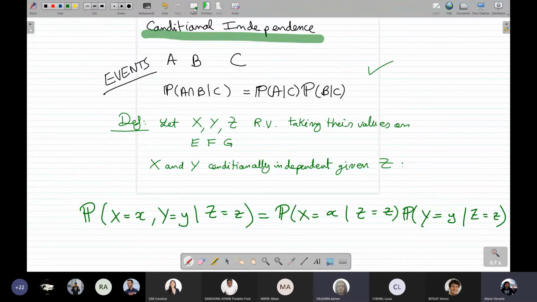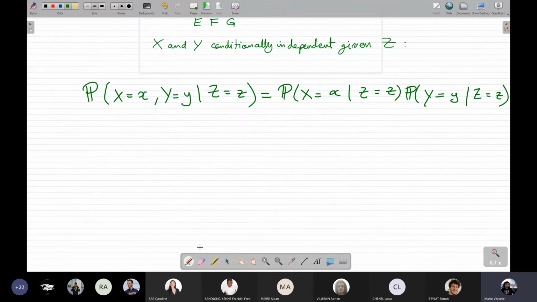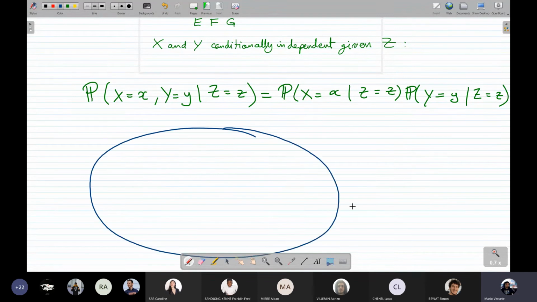Well, that's something interesting. Maybe I can draw something. Here you have a bunch of people, and each person has a height and a weight, something here in kilograms and something here in meters.